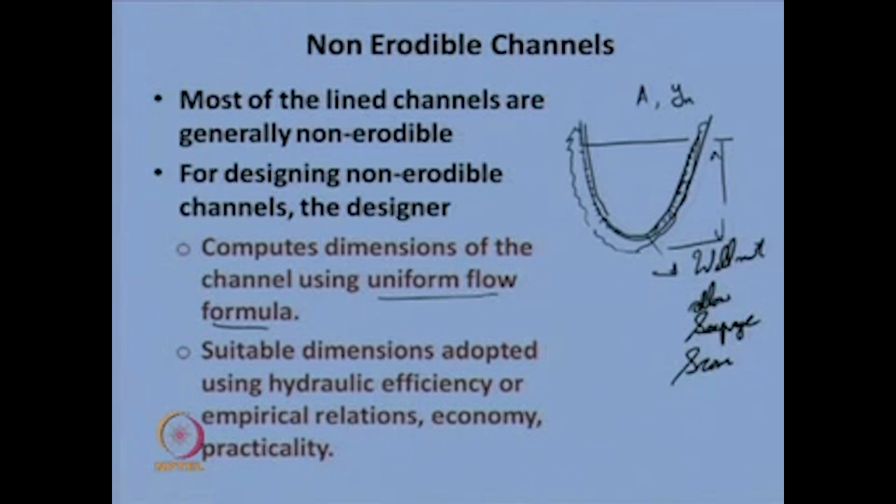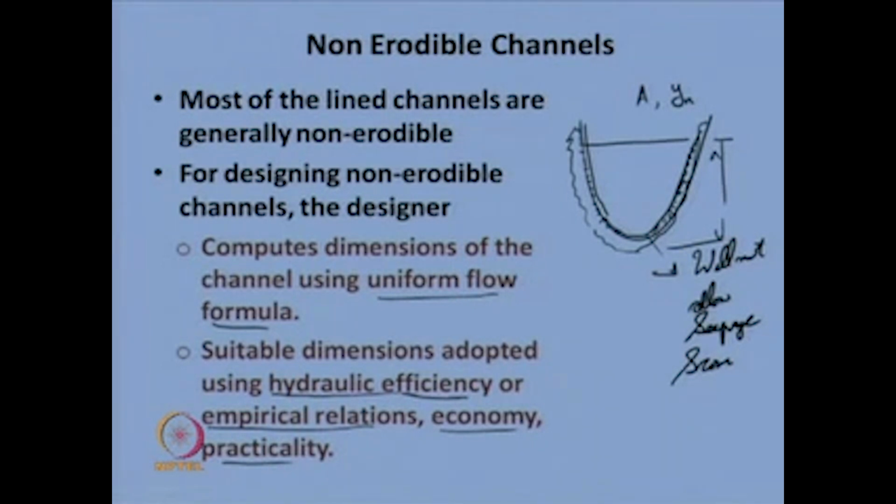Then the suitable dimensions are adopted after suggesting certain dimensions. Among them, we will adopt them as per the hydraulic efficiency of the channel, or you can also use some other efficiency criteria or empirical relationship, or you can also see whether it is economical or viable to use certain dimensions of the channel, whether it is practical or not.